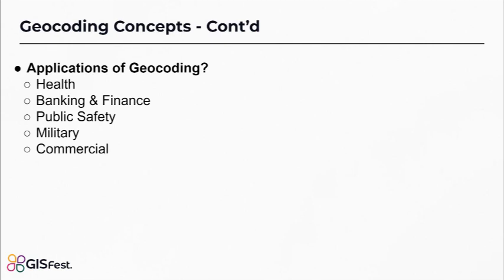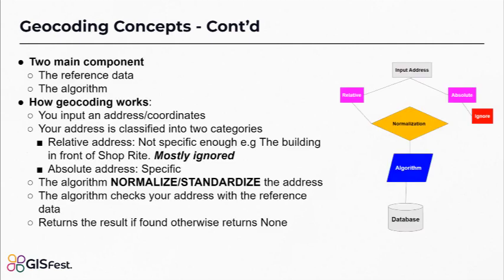Of course, they use Google because it's the most popular one out there. But for this session, I'll be showing you how you can also build your own and maybe compete with Google in the near future using open source tools, of course. So let's go into a more technical part of geocoding. This is how geocoding works under the hood at the simplest level.